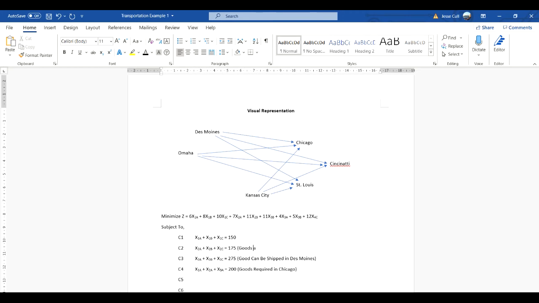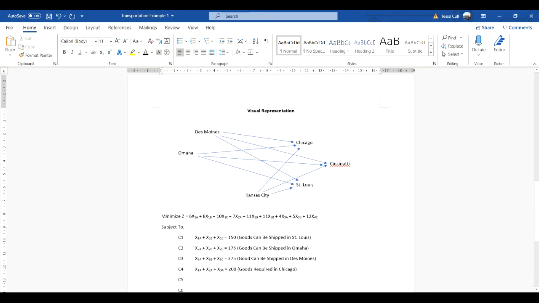Goods can be shipped in Omaha, and goods can be shipped in Des Moines, in St. Louis. So that's what we've shown so far. This is where our demand and supply come into play, because demand and supply controls our decision making.